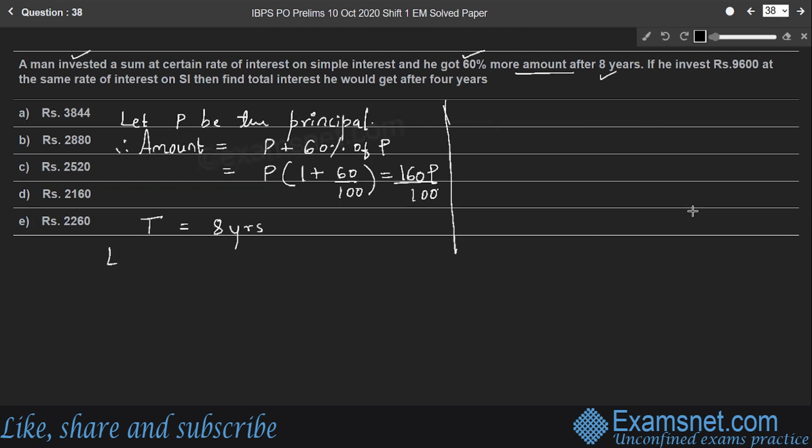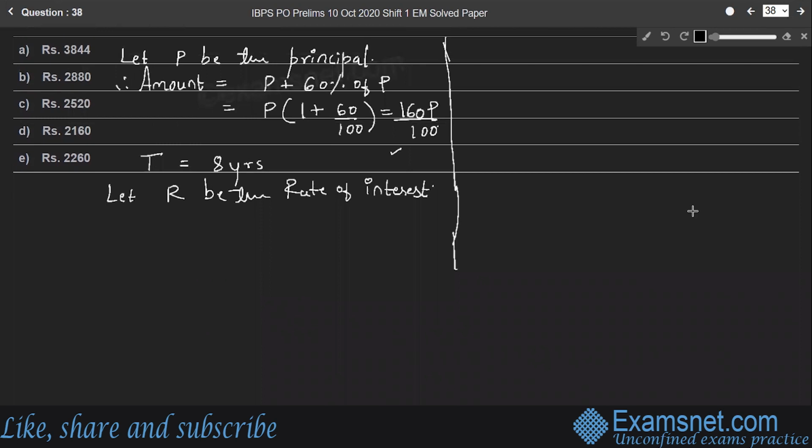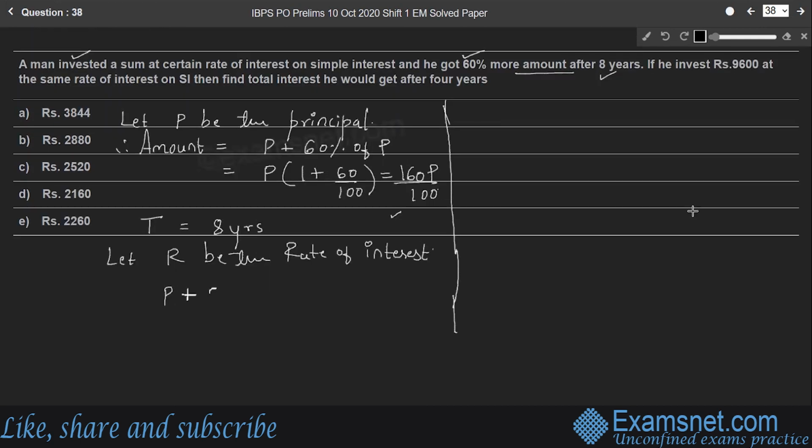So let R be the rate of interest. Here, amount is 160 P by 100. So what is the formula for amount? Amount is principal plus simple interest. Therefore, P plus simple interest, SI, is equal to 160 P by 100.